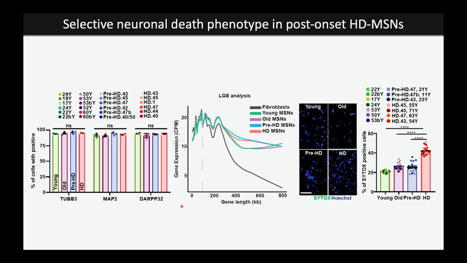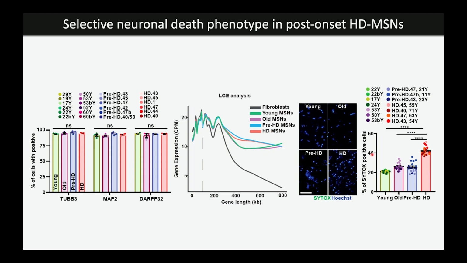One important thing is that if we look at neuronal reprogramming, the output as neurons, this is one example of the gene expression analysis. Regardless of young or old fibroblast, or pre-symptomatic or post-symptomatic, the conversion is consistent.